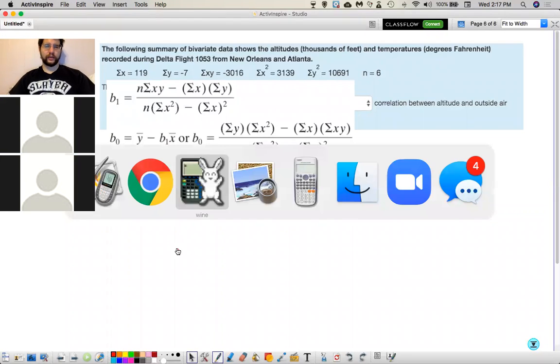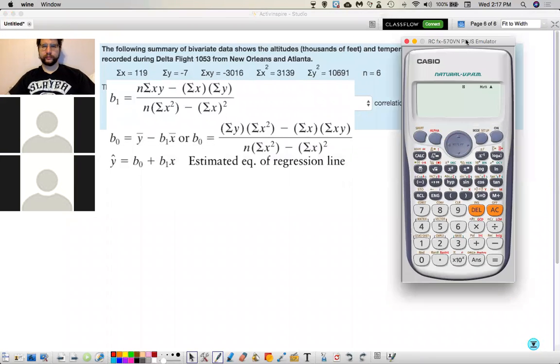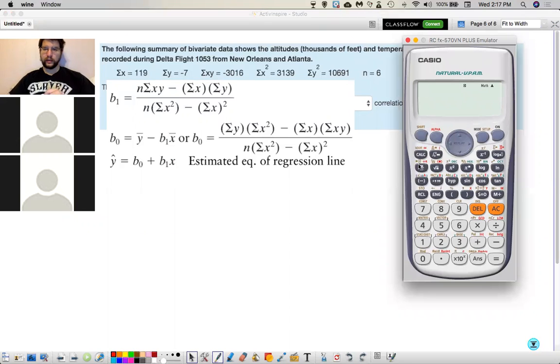Now for B0, I'm going to use a Casio because it's quicker. You've got sum of y, negative 7 times sum of x squared, 3139, minus sum of x times sum of xy, negative 3016.